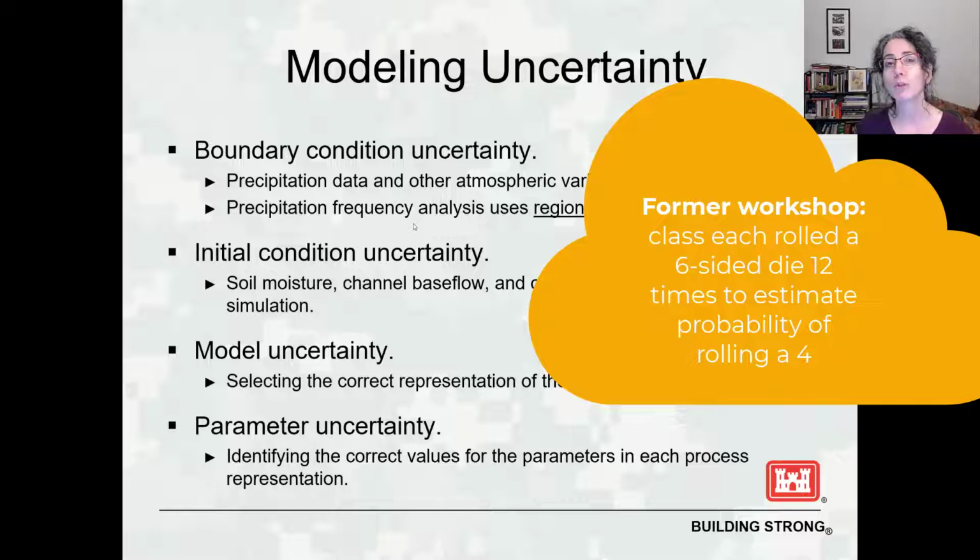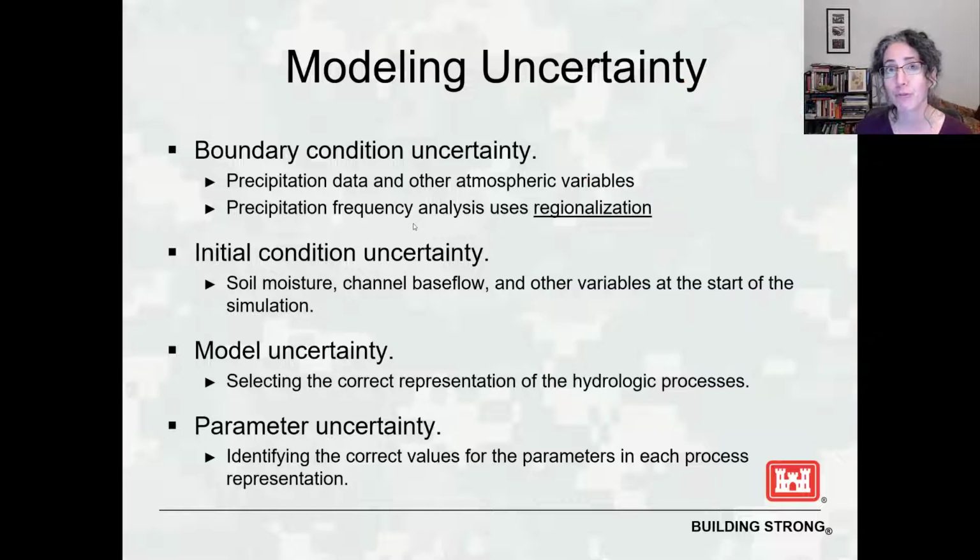So we could have pooled the 12 rolls each from 45 students to have 540 rolls, right? So a sample of size 540 would have provided a much better estimate of the probability of rolling a 4 for those identical dice. So that would be a form of regionalization, okay? So precipitation frequency analysis, having the ability to use regionalization, provides the equivalent of a lot more data, right?